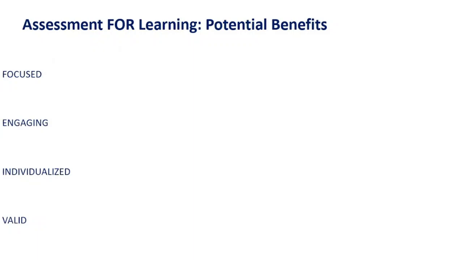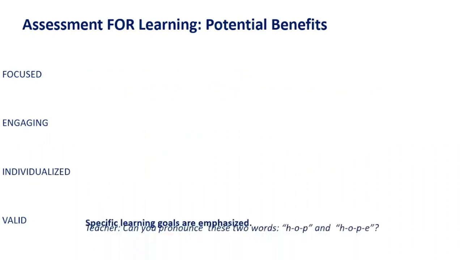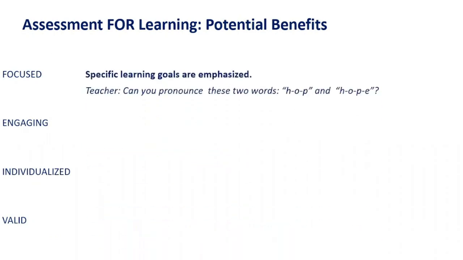The assessment is likely to be focused, engaging, individualized, and valid. What do I mean by this? I will simplify this by looking at the assessment of pronunciation and reading. So assessment for learning is more focused. Specific learning goals are emphasized.